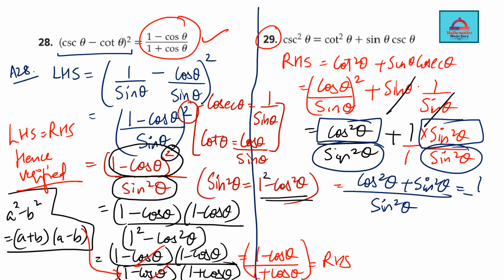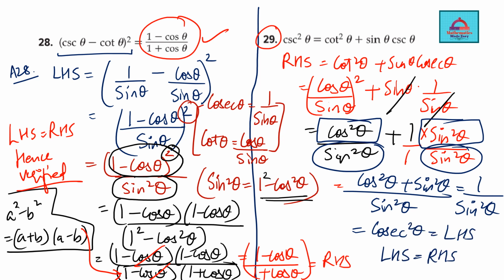Yes, you're right, Pythagorean, 1 over sine square. So this is your answer. The reciprocal of sine we all know is cosecant. So we have reached our left hand side. Again, both sides are equal, and hence we have verified question 29 as well.